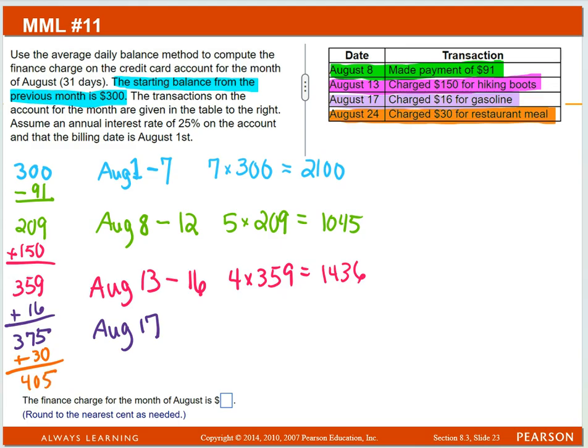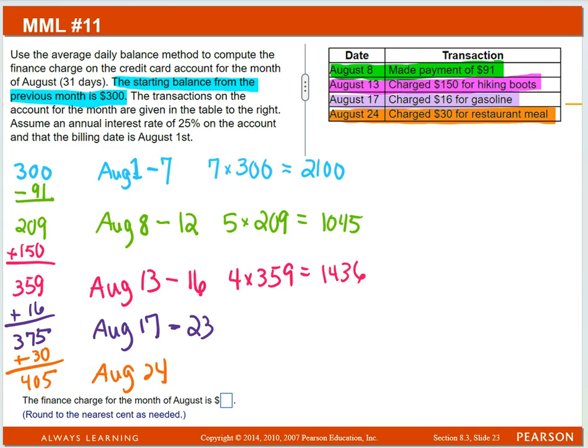But again, that doesn't happen until August 24th, which means back to the purple, from August 17th, the balance of $375 remains until the 23rd. Because on the 24th, it goes up again. So 17, 18, 19, 20, 21, 22, 23. Whoops, I went too far.